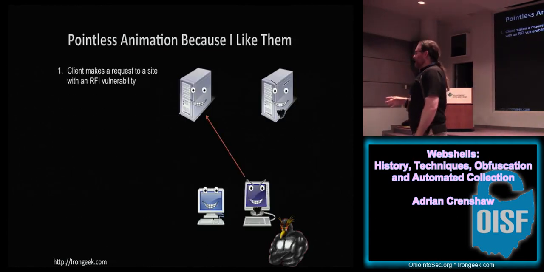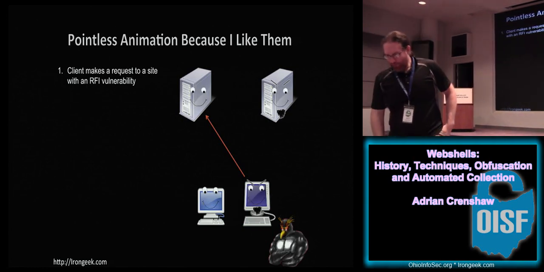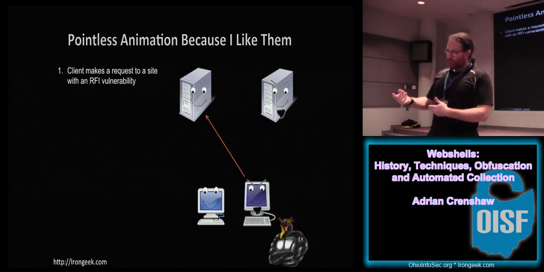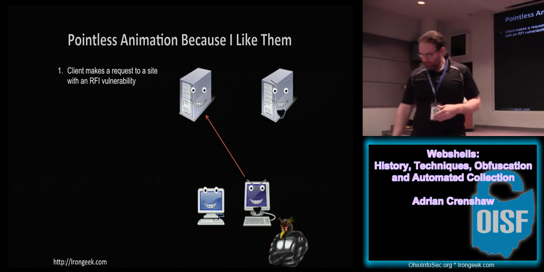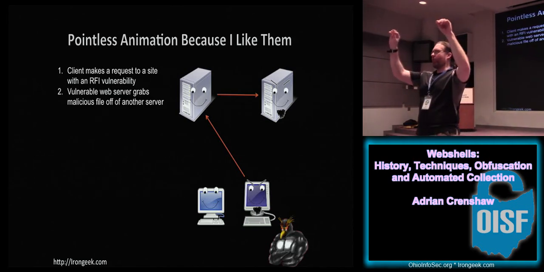Now, I like pointless animation, so I'm going to illustrate how remote file includes work. This is one of the things I've been tracking on my website, and it's the core way that a lot of people seem to be using web shells. You have a client that makes a request for a site that's vulnerable to RFI. What that request will have in it is something like, let's say it was my site.